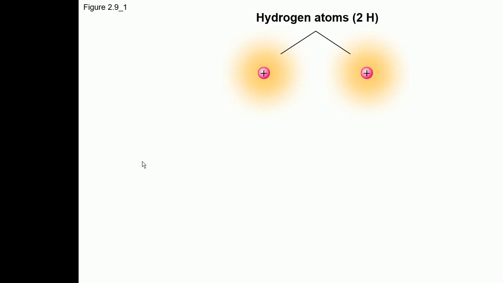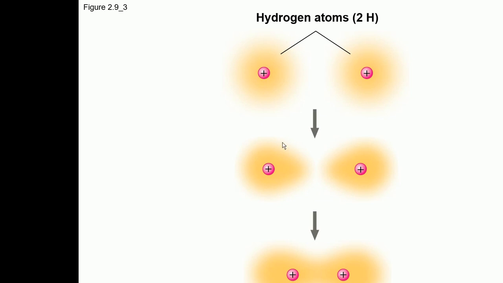Okay, so now you can see the example of two hydrogen atoms. We know that in each hydrogen atom, there is one electron in the first energy shell. So each atom needs one more electron so that they can be stable. So what do these atoms do? They come close to each other and they share the single electron which each atom has in its outermost shell.